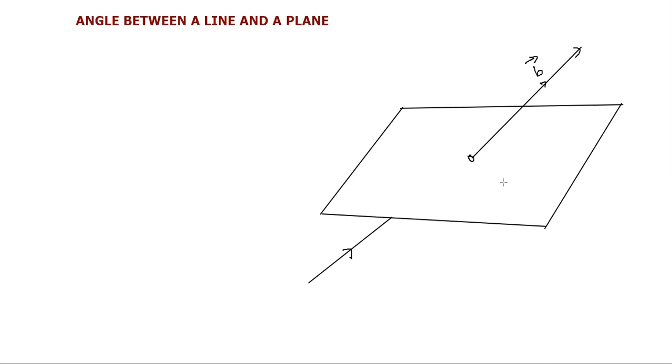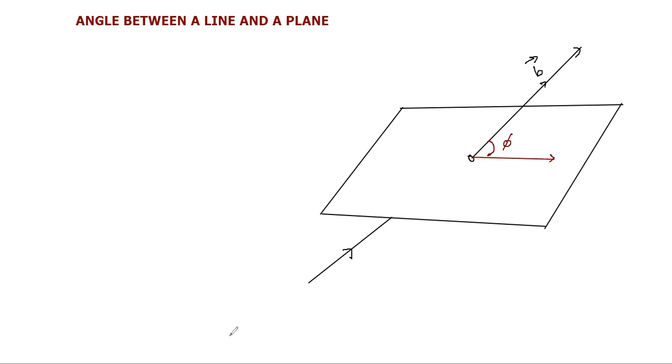So that will be actually this one. If you draw a line on the plane, this angle we have to find out. We will take it as phi. But it's difficult to find out this angle.